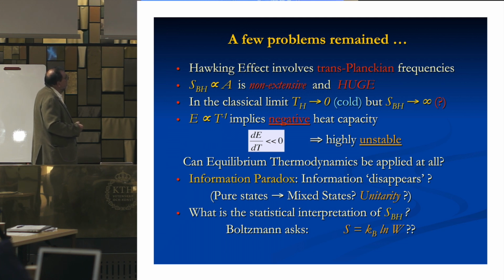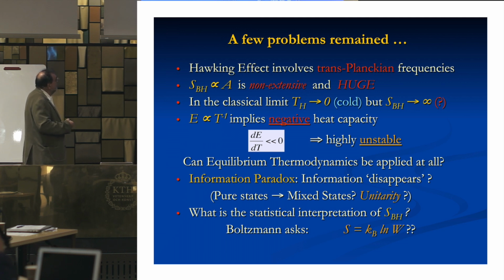On the other hand, in the same limit that the temperature goes to 0, which means a very heavy black hole, or h bar going to 0 formally, just because I've multiplied and divided by h bar, as the temperature goes to 0, the entropy goes to infinity. So that also sounds strange to most other physicists. How do I have a cold state which has essentially an infinite number, a very, very large number of degrees of freedom excited in it?